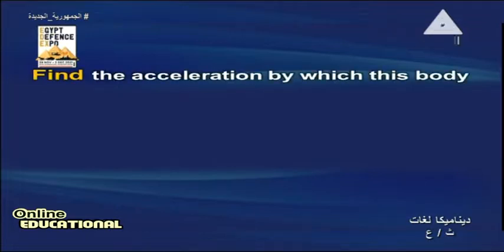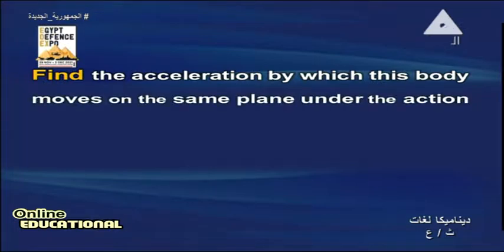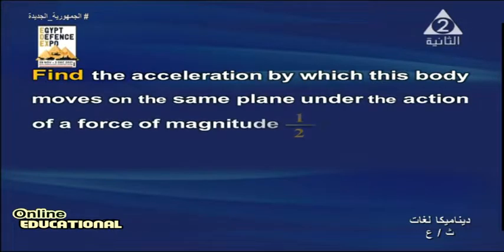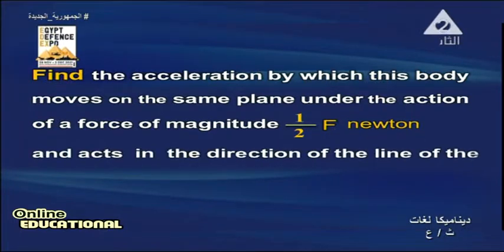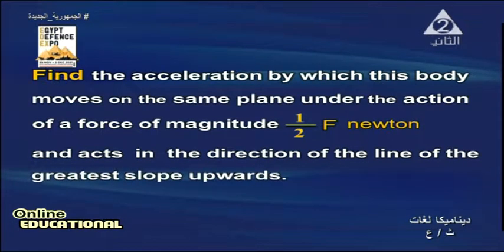Find the acceleration by which the body moves on the same plane under the action of a force of magnitude half F Newton, acting in the direction of the line of greatest slope upwards the plane.